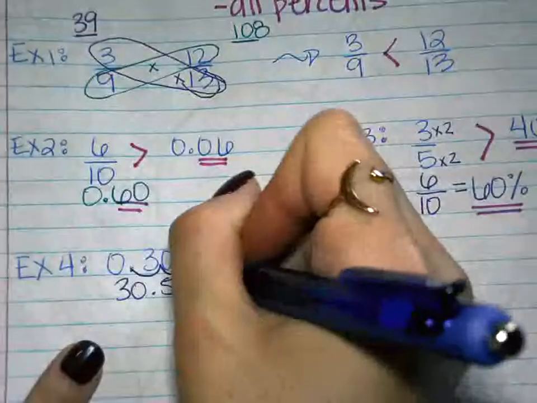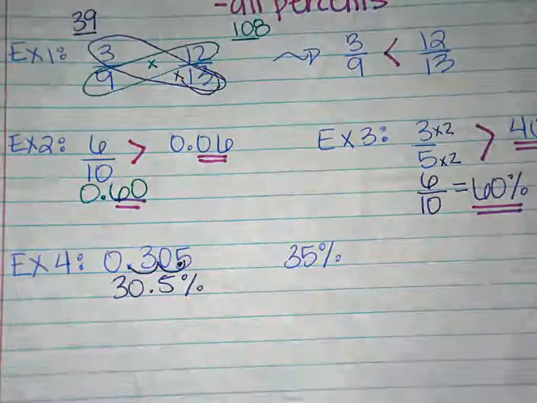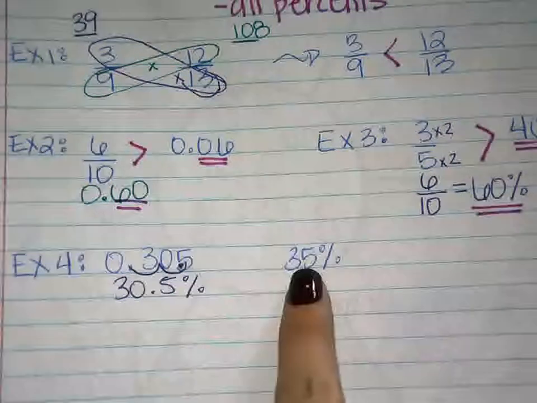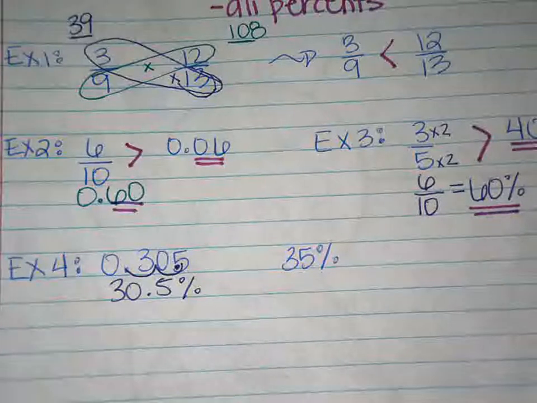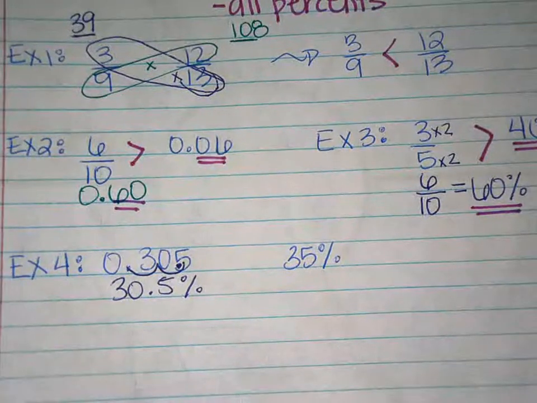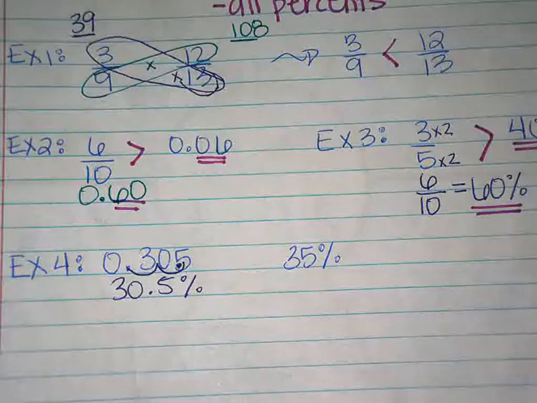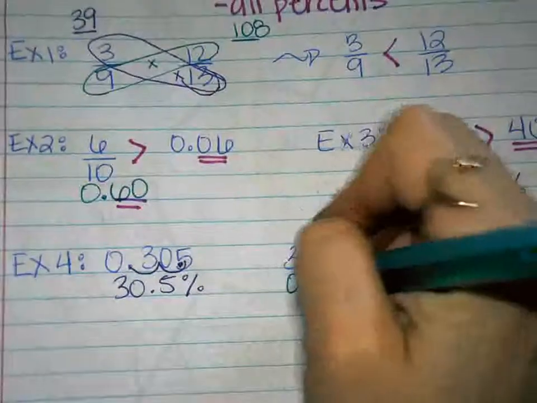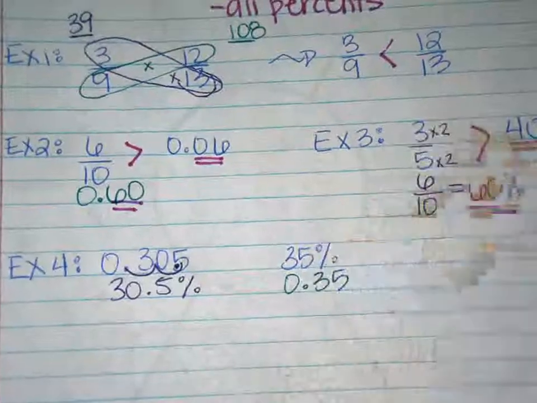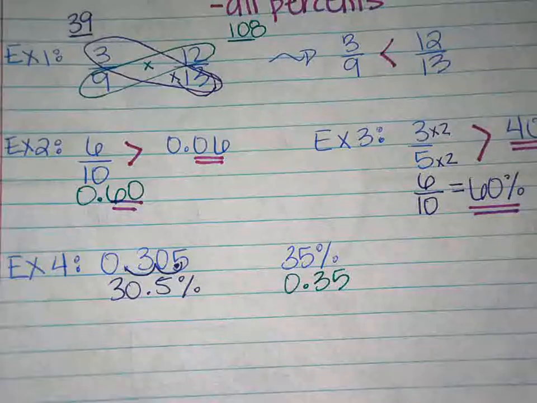So I always move it only 2, so it goes to 30.5. If I wanted to change 35% to a decimal, somebody tell me what's that? What is that one going to be, Peyton? It's going to be 0.35. I do not care which one you do, but you have to do one or the other.